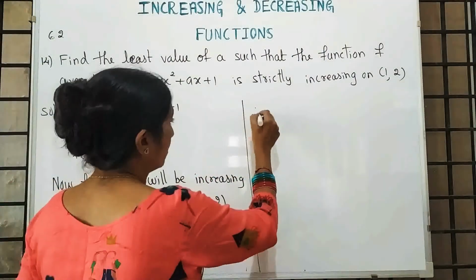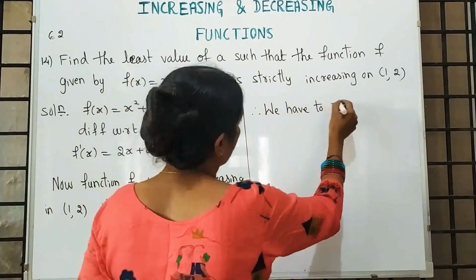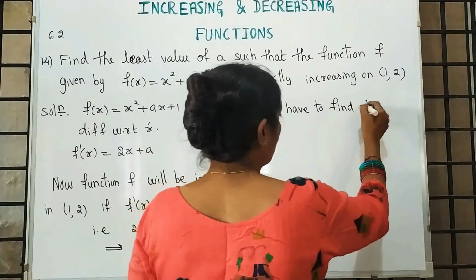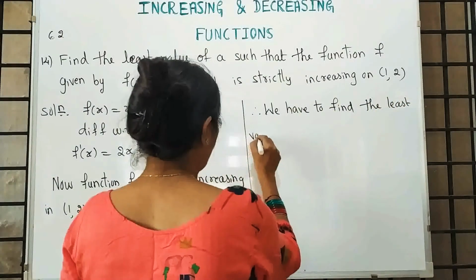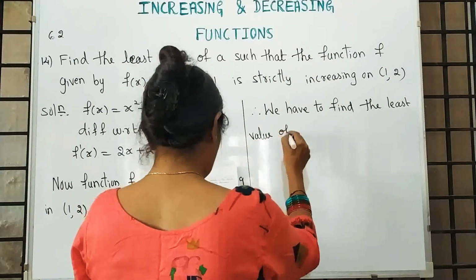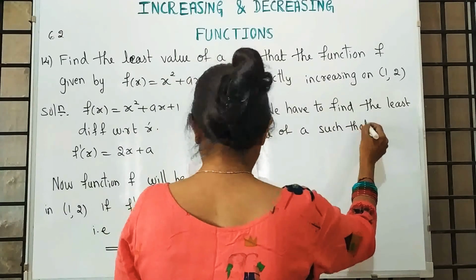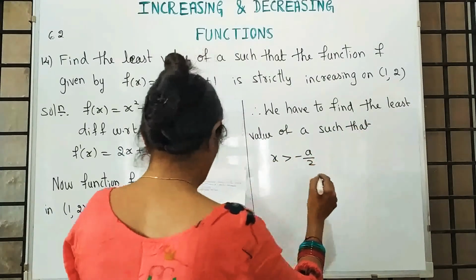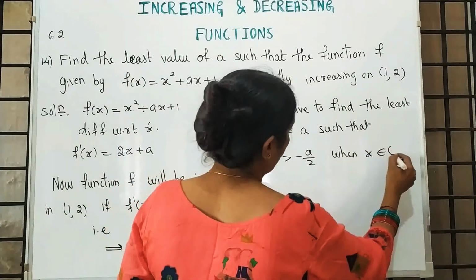Therefore, we have to find the least value of a such that x is greater than minus a by 2 when x belongs to 1, 2.